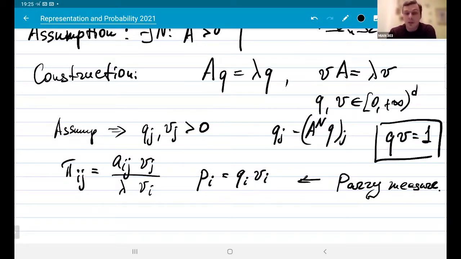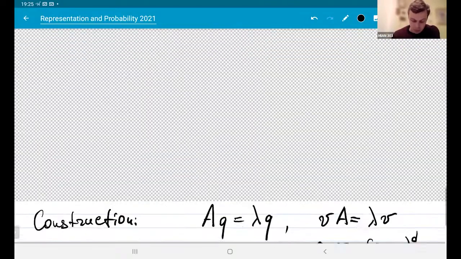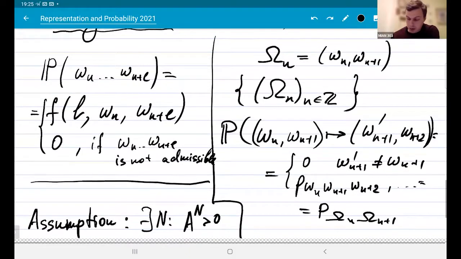You can prove that it is invariant. Why do you have this condition? This condition is in fact quite clear from the formula.